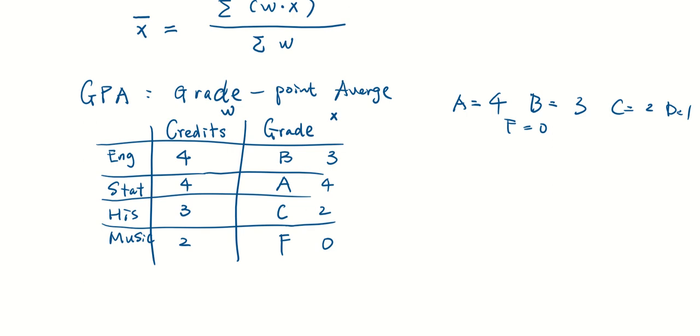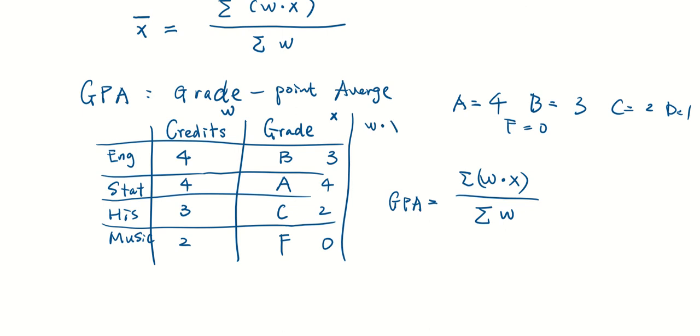So the GPA here, or the weighted mean, is equal to, let's not forget the formula goes like this. First of all, W times X, the weight times the points, here will be 12, right?